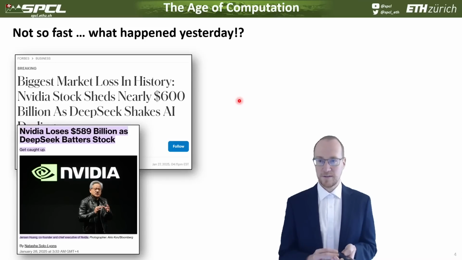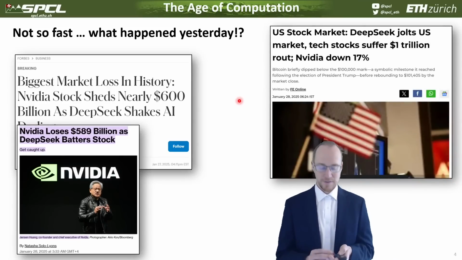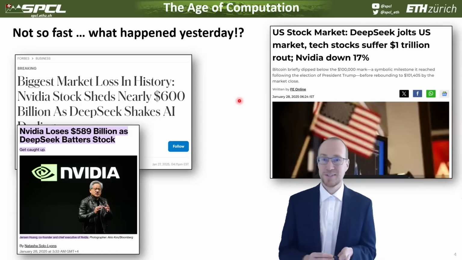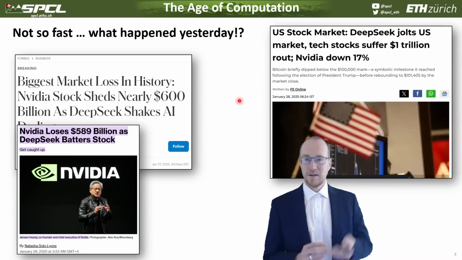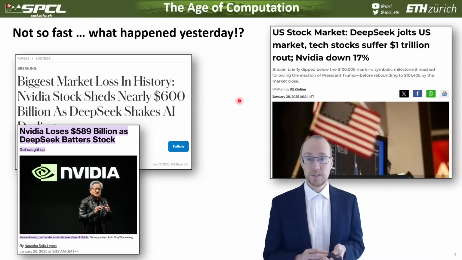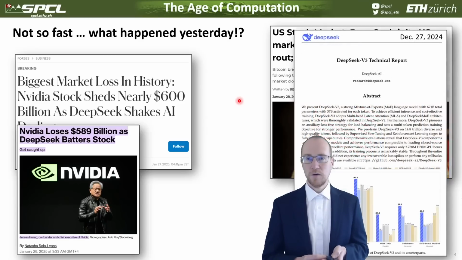And that was quite impactful to the stock market. I believe this is a little bit overblown, but as usual, the stock market is reacting to all kinds of symbols, and not necessarily rational symbols. But really, overall, we lost nearly $1.5 trillion from the US stock market from all kinds of tech companies in a couple of days. How did that happen?